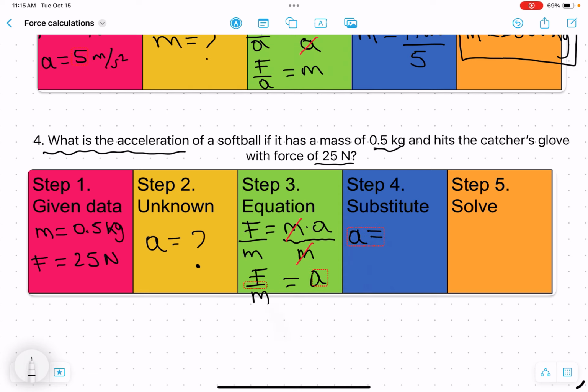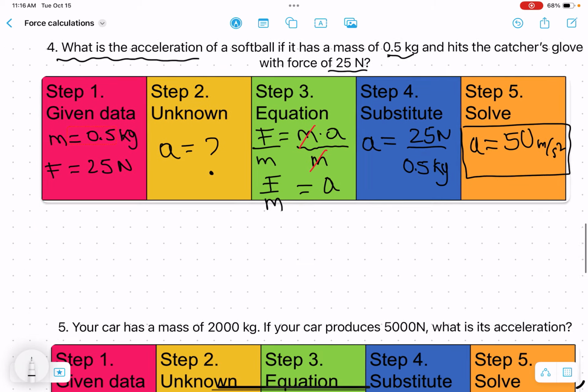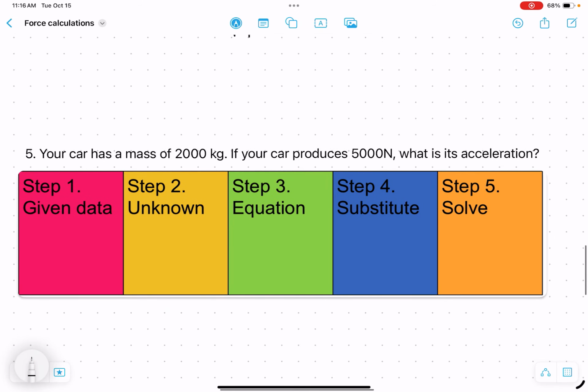So A equals F over M. How much is F? 25 newtons divided by 0.5 kilograms. So how much is 25 divided by 0.5? That will be 50. What are the units for acceleration? Meters per second square. That's problem number 4. Next one, problem number 5.